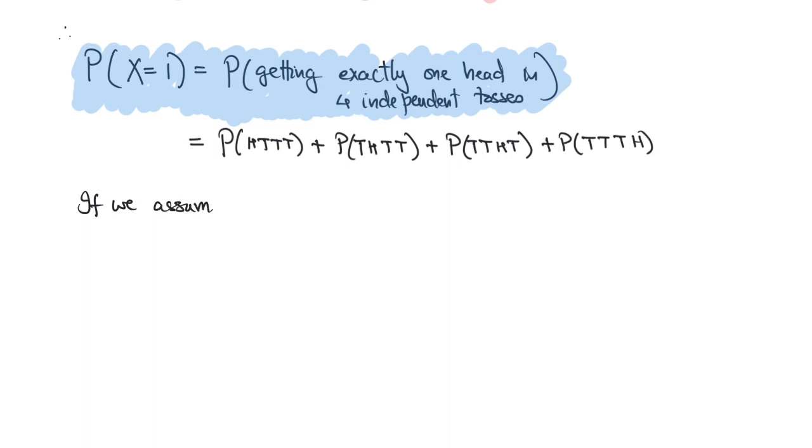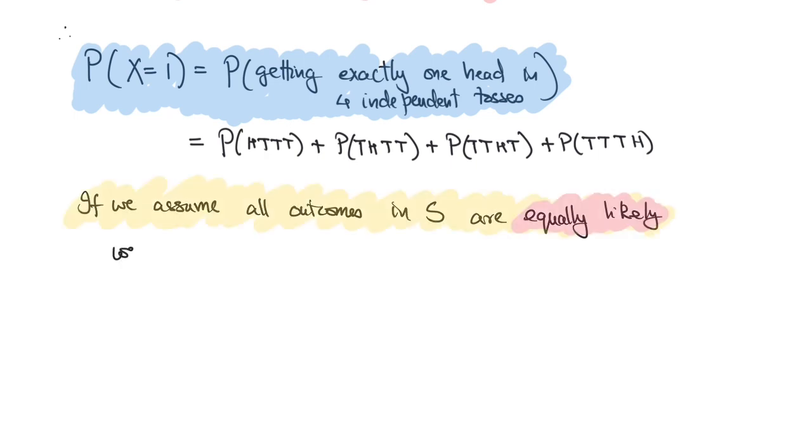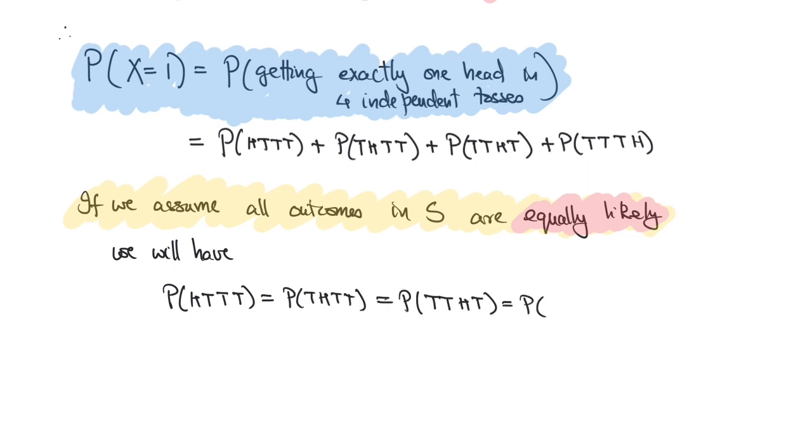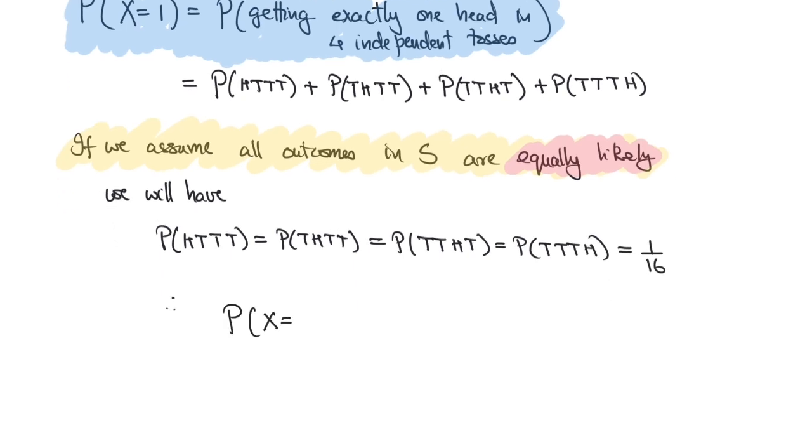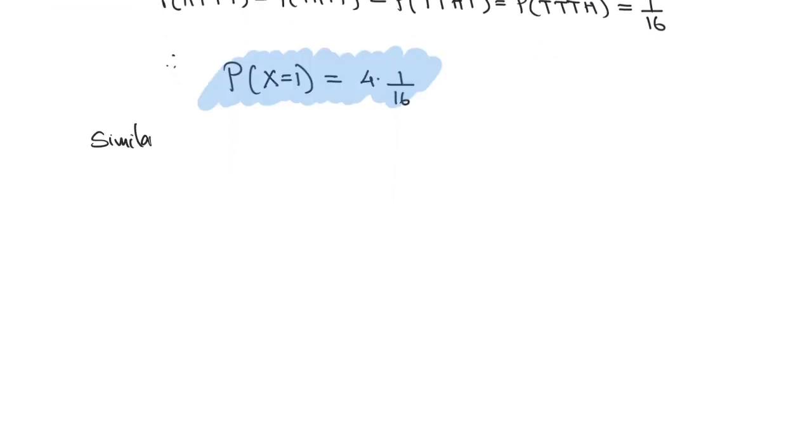If we assume that all the outcomes in S are equally likely, then we can notice that each of these probabilities will be equal, and they will equal 1 over the size of the sample space, which is 16 in this case. So therefore, the probability of the event x equals 1 is going to be 4 times 1 over 16.